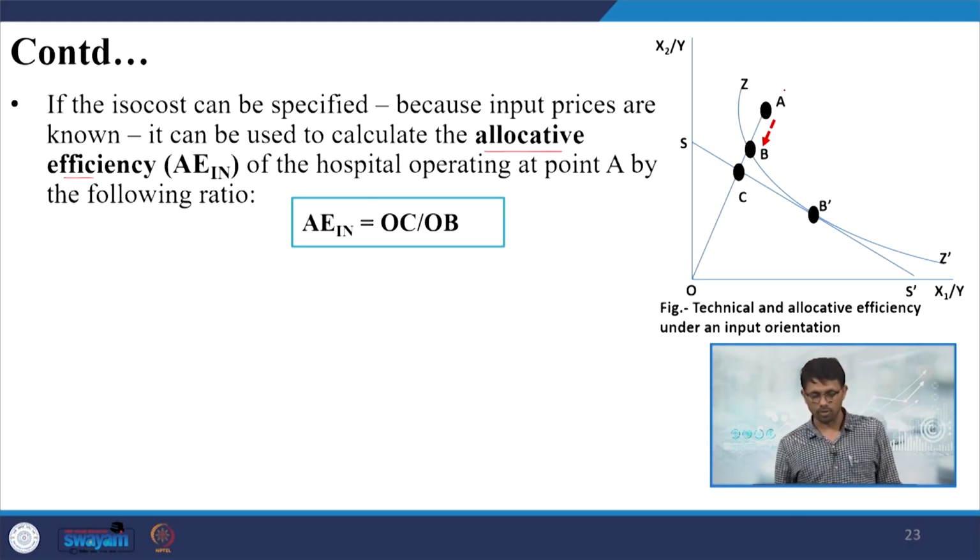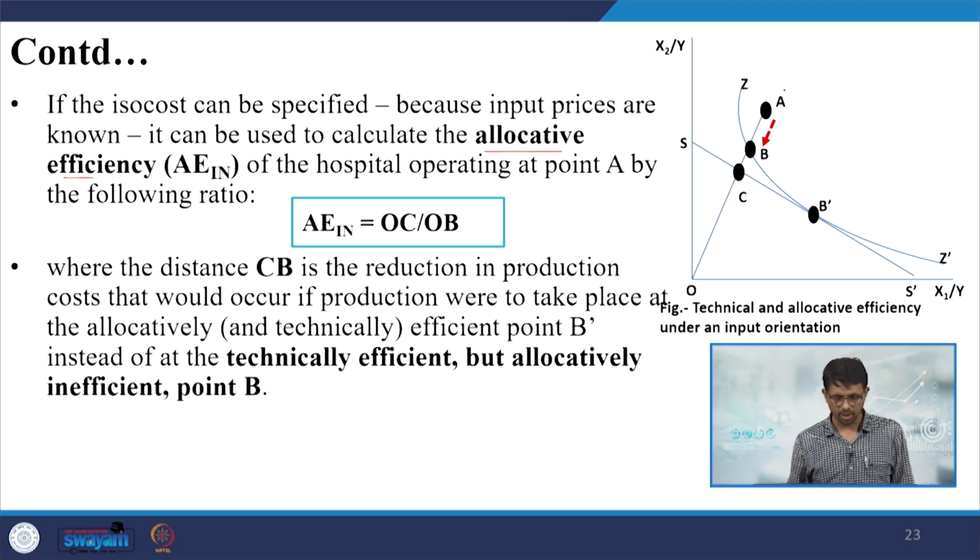The optimum one of course will be at B, we have to reach B, hence the allocative one has to be OC, where the distance CB is the reduction in production cost that would actually require. This reduction is considered to be good, it is the reduction in production cost that would occur if production were to take place allocatively and technically.